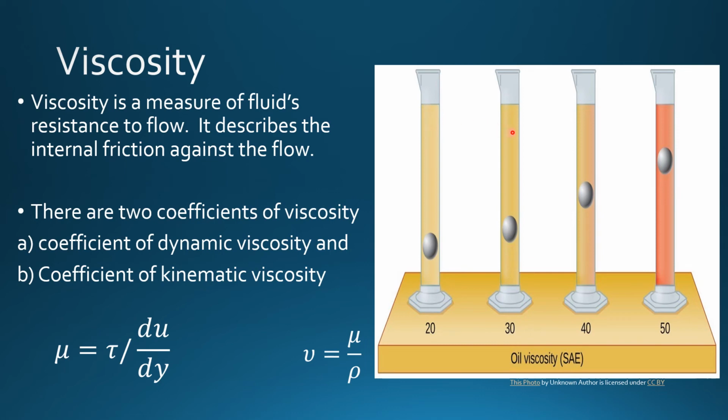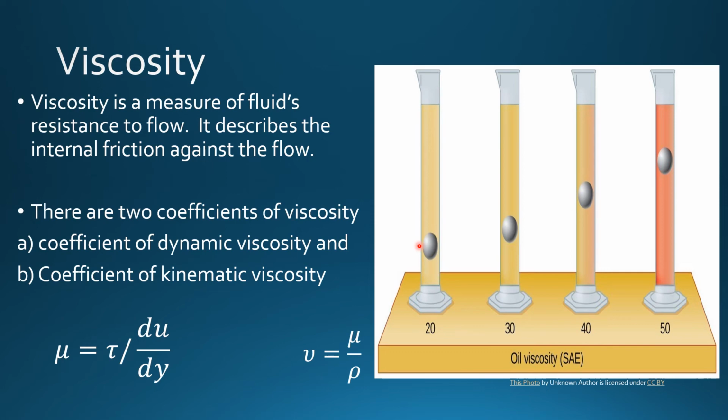So you can see different fluids here, and if you drop a ball, the ball is pulled towards the bottom by gravity, but because of the viscosity of the different liquids, the distance it travels in the same time is different.